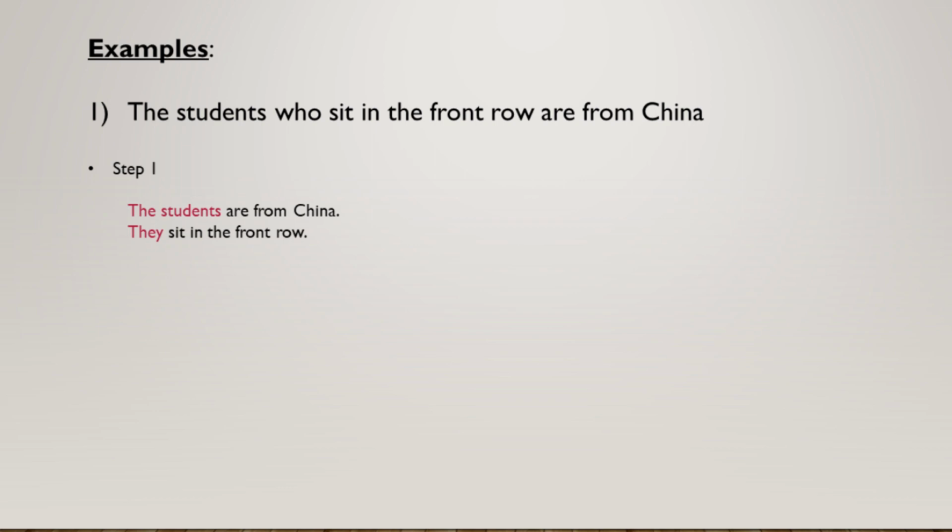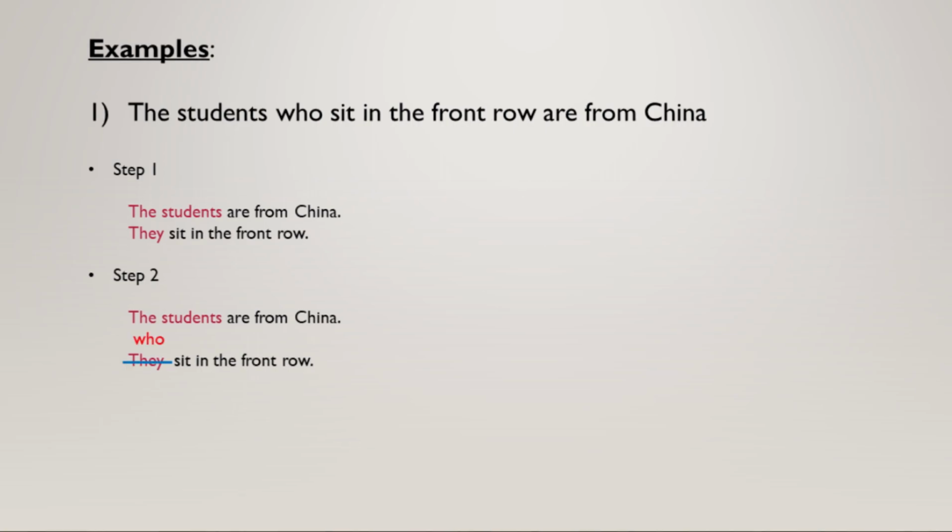So we are going to make the second sentence the adjective clause. So replace the repeated noun or pronoun with the correct relative pronoun. So what relative pronoun should we use? It is a person and a subject. Who is the correct relative pronoun for this example. So we can remove they and replace they with who sit in the front row.